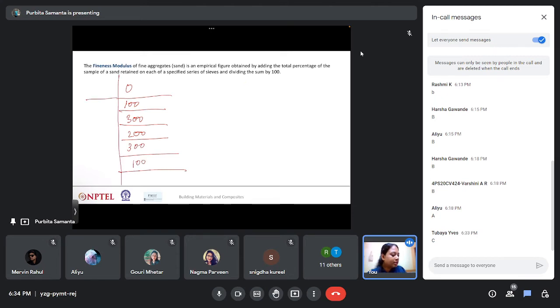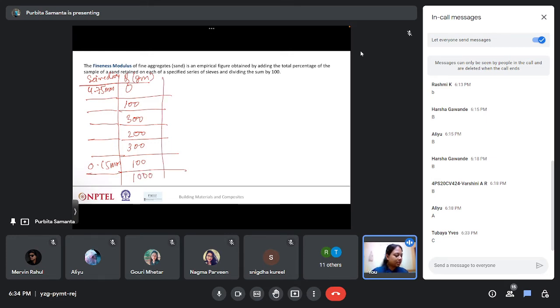On the other side we have the sieve diameters, starting from 4.75 mm to 0.15 mm, and this is the quantity of sand retained, in grams. Obviously it's said 1 kg, so it will be 1000 grams.